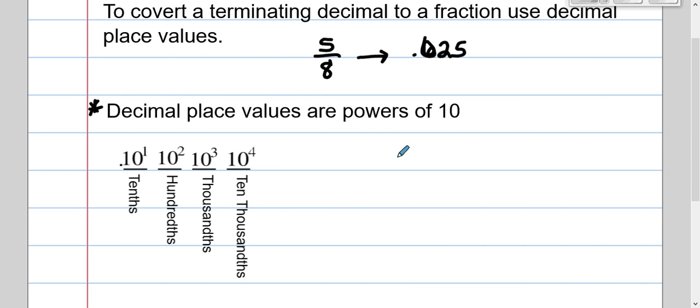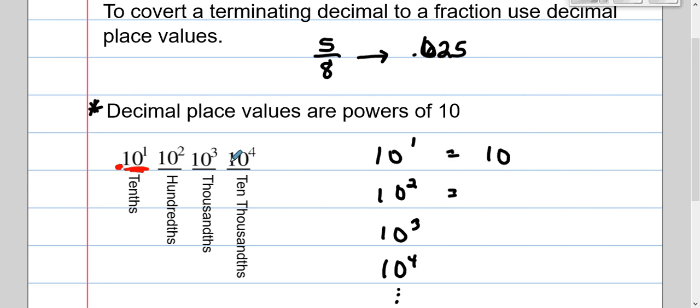When we say powers of 10, we mean 10 to the first power, 10 to the second power, 10 to the third power, 10 to the fourth power, and so on. 10 to the first power is just 10. So the very first space to the right of the decimal point is the tenths place. It's the first power of 10.